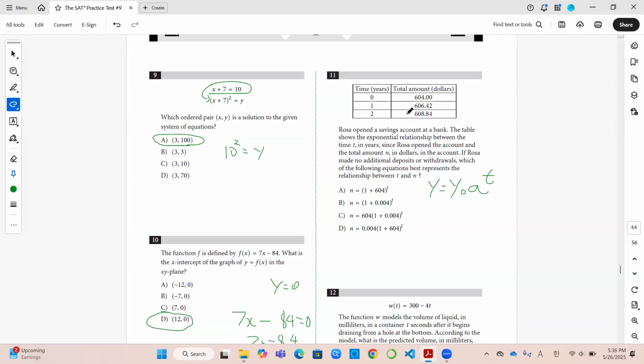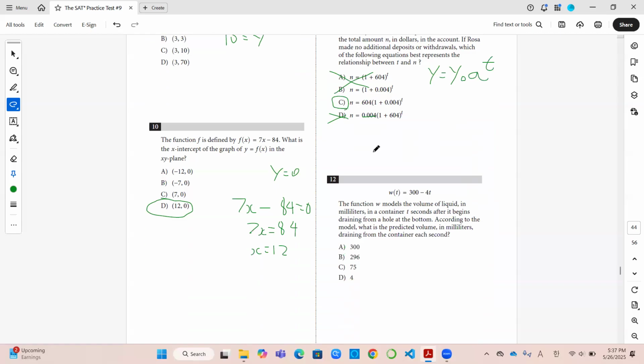Let's just use process of elimination here. Obviously, A and B are not in the canonical form. D, my initial value is 604, not whatever this is. So gone. So for 11, C as in cat is the correct answer.